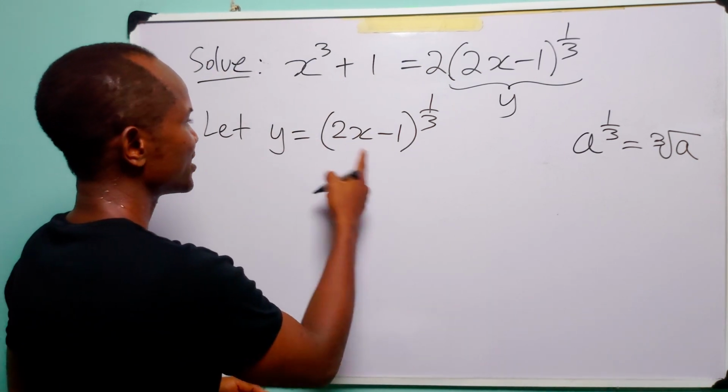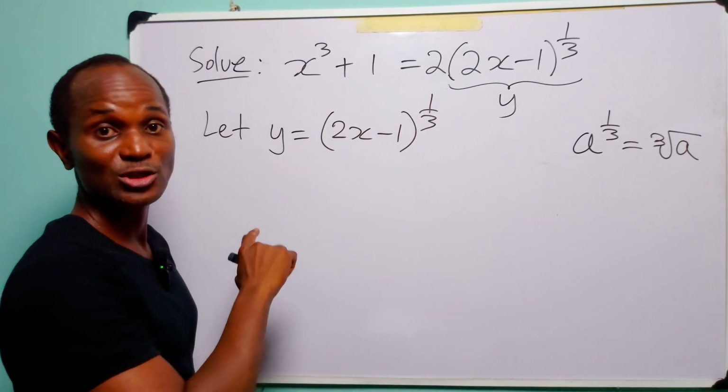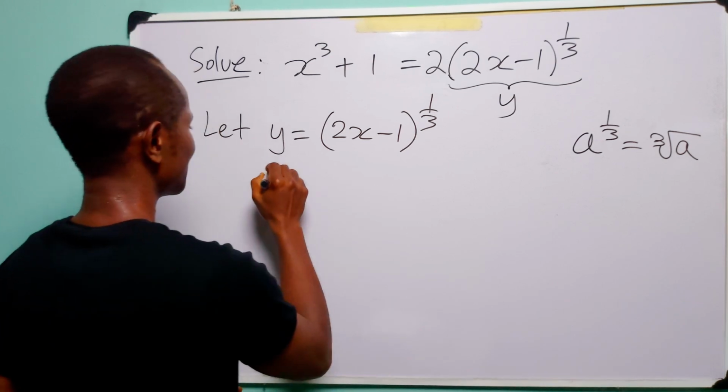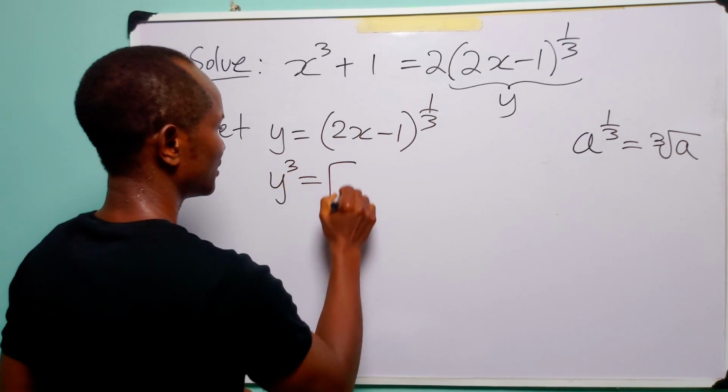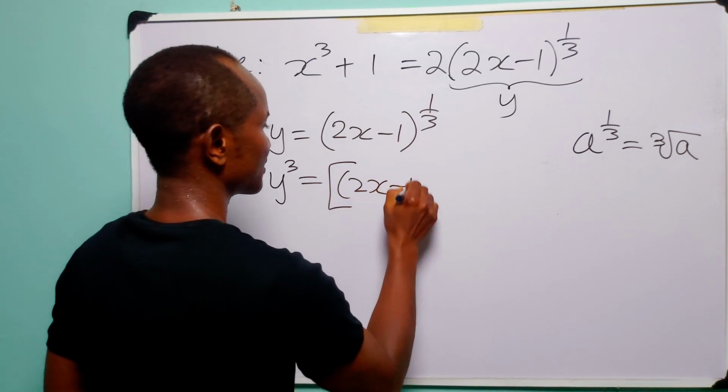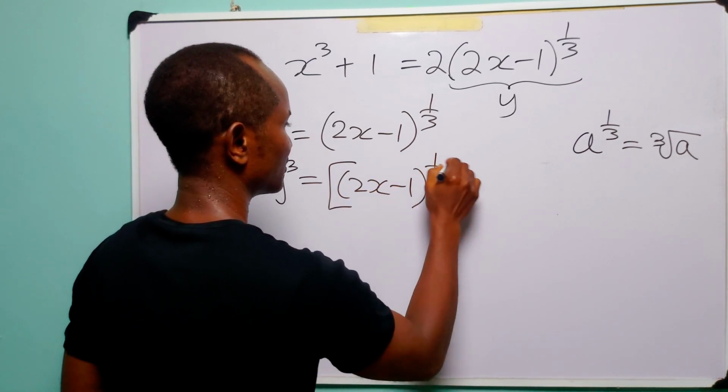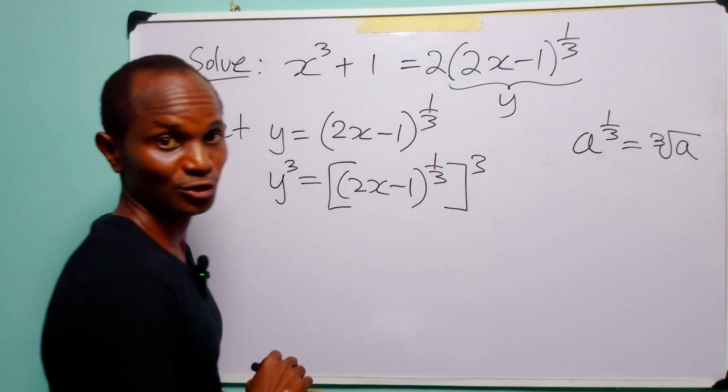Now, let us raise the two sides of this equation to power 3. So we have that y cubed is equal to (2x minus 1) to the power 1 over 3, cubed.